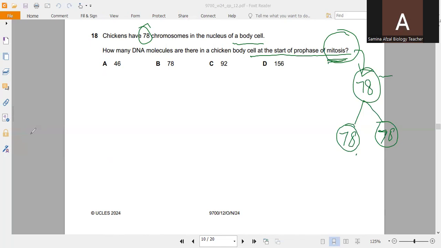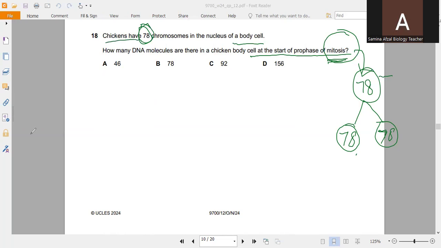Now we have to tell how many DNA molecules there are at the start of prophase.